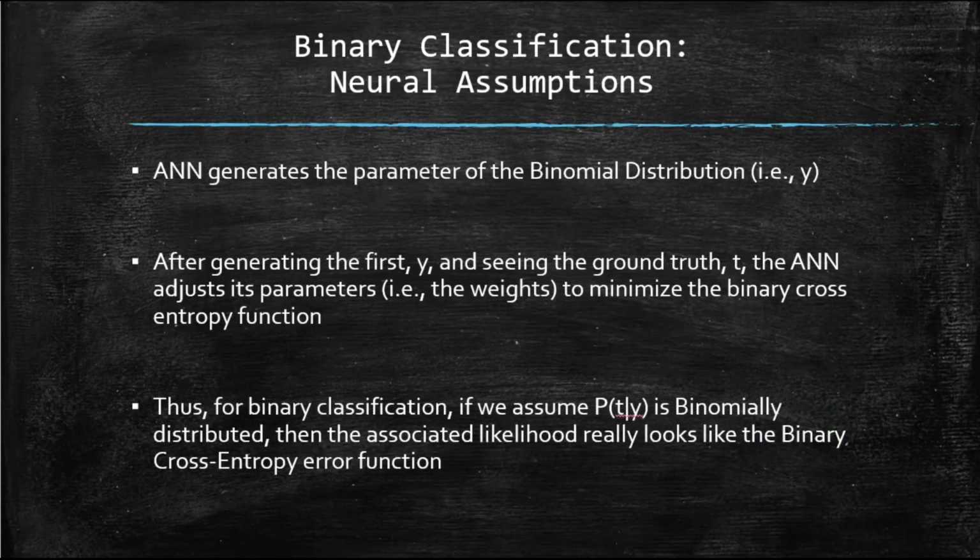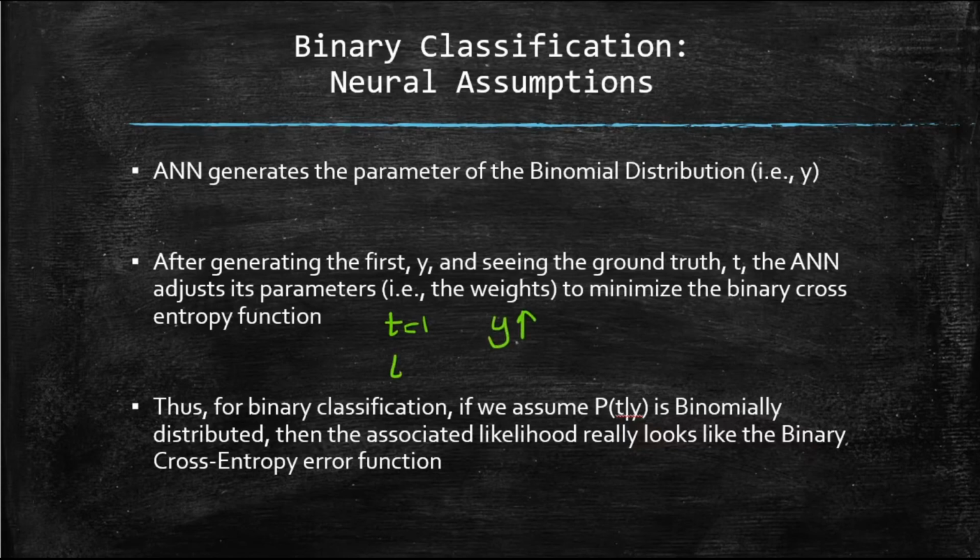So after generating the first y and seeing the ground truth, your artificial neural network tries to adjust the weights in order to minimize the binary cross-entropy function. And we saw that minimizing the binary cross-entropy function has different ideas behind it. For instance, if the ground truth was 1, the network will try to maximize the output as much as possible.